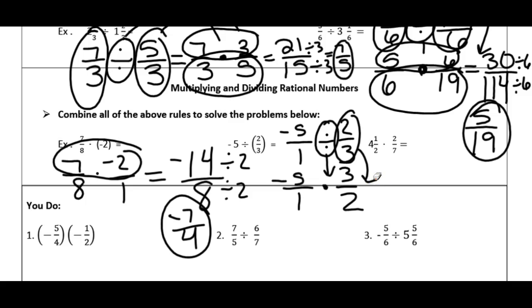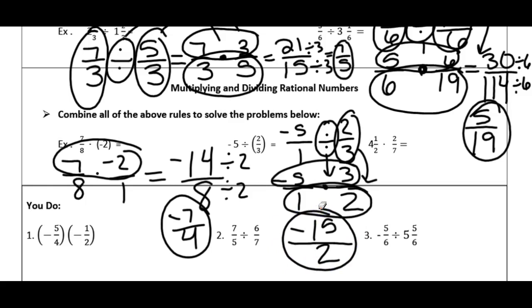And now I can multiply straight across. Negative times a positive is going to be a negative. -5 times 3 is a -15. And then I'm going to multiply my denominators. 1 times 2 is 2. And then I think about, is there anything that will go into 2 and 15? Well, 2 goes into 2. And 2 does not go into 15. So there's my answer.